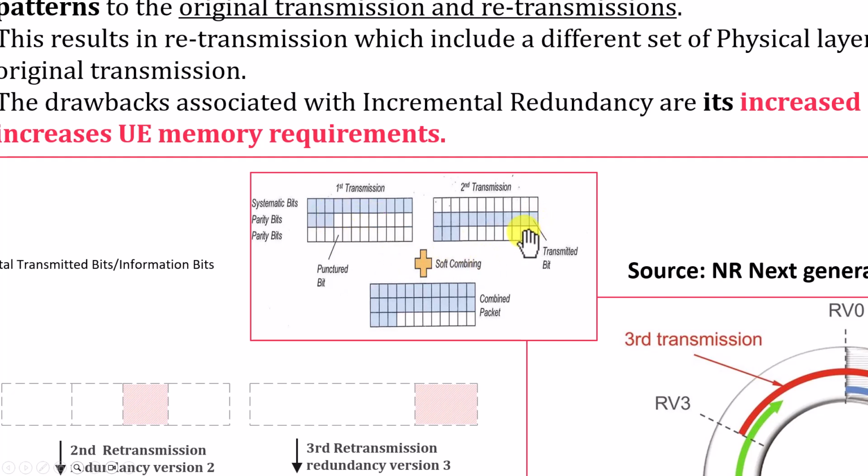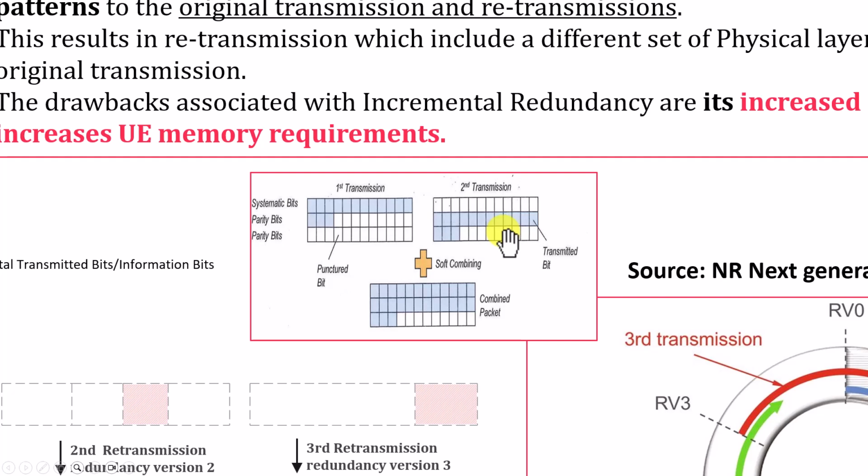Compared to the first one, which is Chase combining, you can see the initial transmission contains systematic bits and some redundancy bits, or parity bits. The second one is completely different. It has many additional parity bits and almost no systematic bits, which means no information bits, just additional redundancy bits.